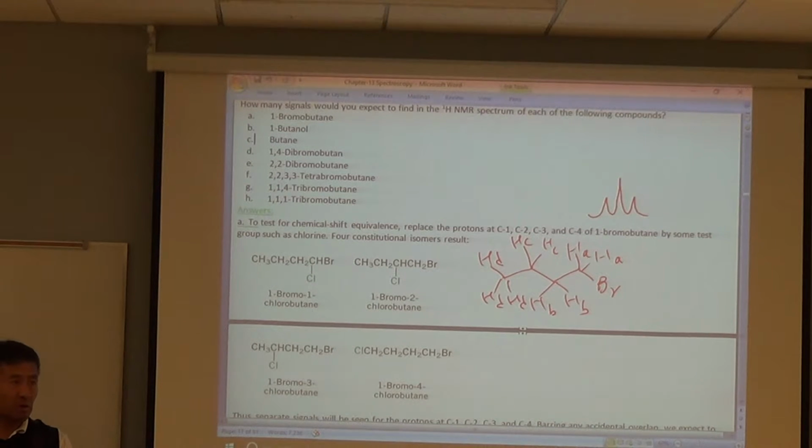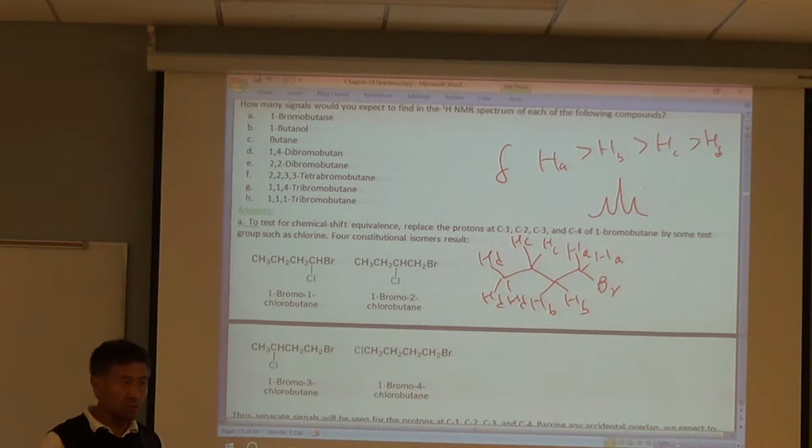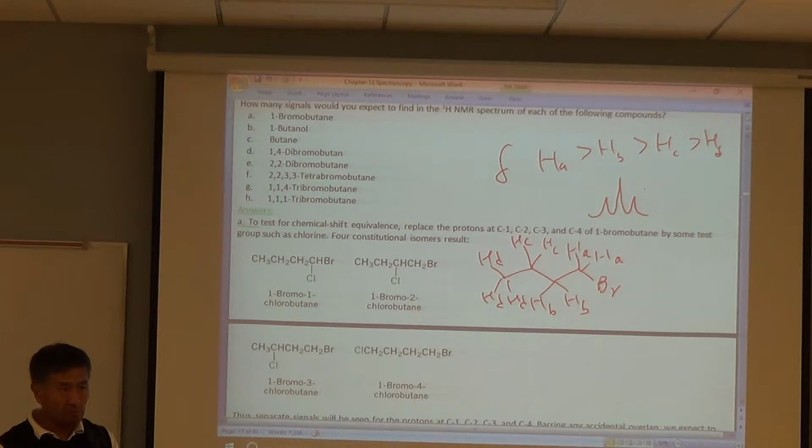And then you should also be able to predict their chemical shifts. So the chemical shift delta of HA will be larger than HB, larger than HC, and larger than HD. This is very simple, because HA is closer to the Br, and as the carbon gets farther away from the Br, you take less electron density away, and you get a smaller and smaller delta.